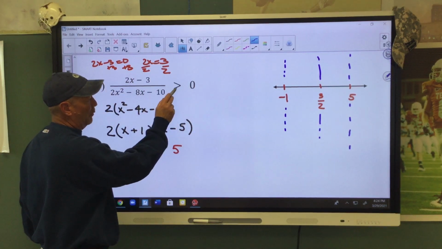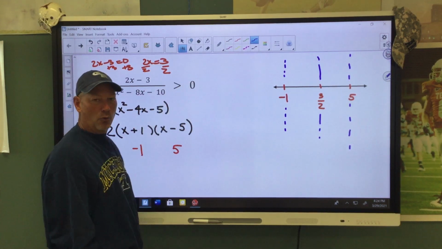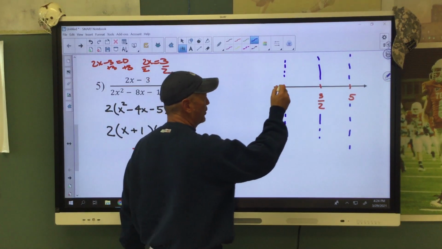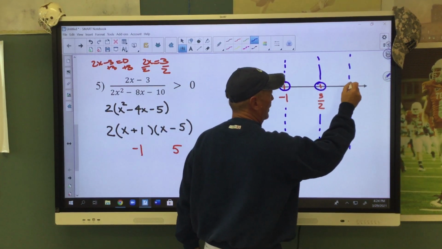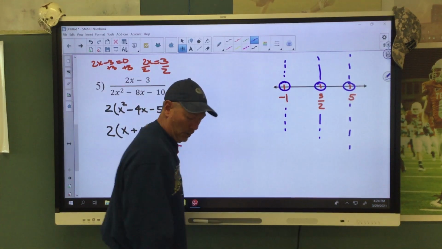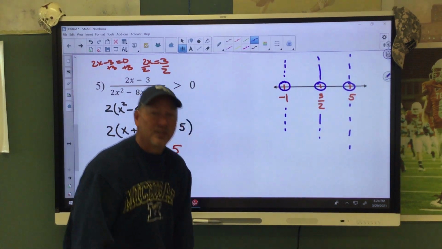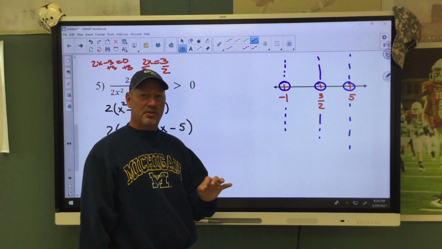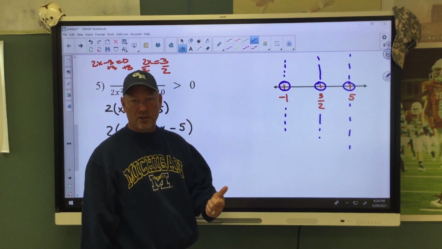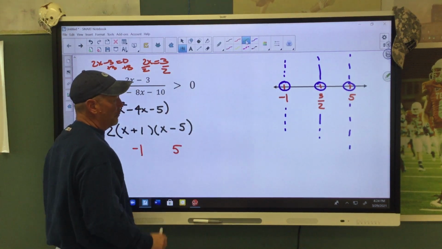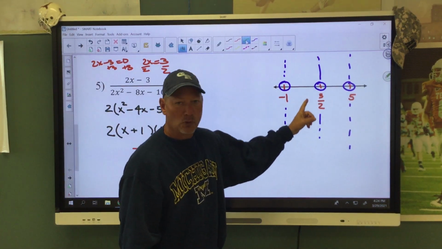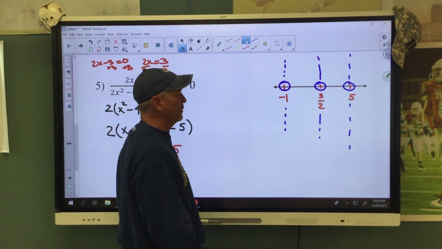We look over here and we do not have a bar underneath our inequality symbol, so we're still going to have open circles. We still need to pick a number to substitute in. We're still going to choose 0 because it's easy. So we're going to substitute a 0. 0 falls between negative 1 and 3/2.